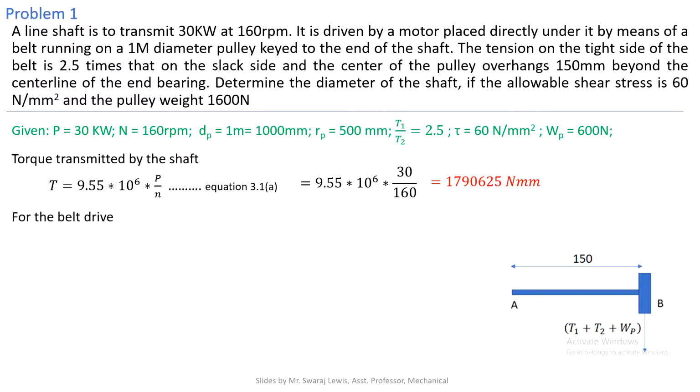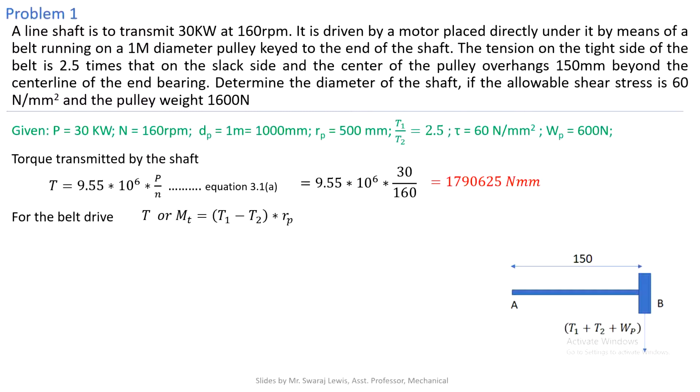For the belt, I have told you there is a belt and gear in the pulley which will be attached to the shaft. So since it is a belt drive, we have a pulley attached to the shaft. The following equation for the belt drive is an alternate equation for the torque. Torque T, or in some books M suffix T, equals T1 minus T2 into the radius of the pulley.